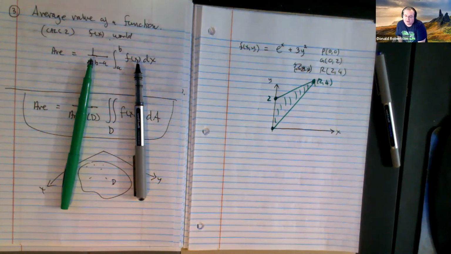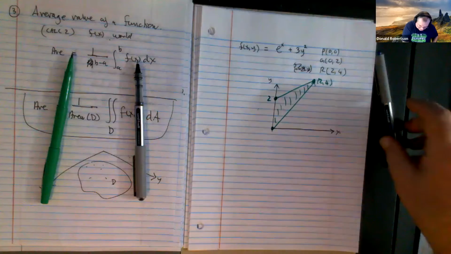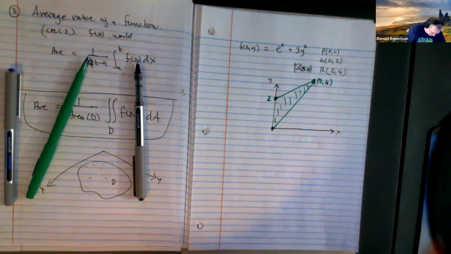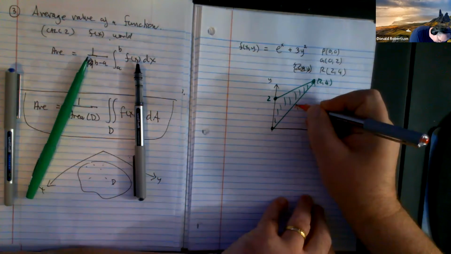Right, would you agree that's a much more difficult function to deal with? That area is not just a nice horizontal triangle, it's got problems. So what I'm going to do here is I am going to find the equation of these two lines.